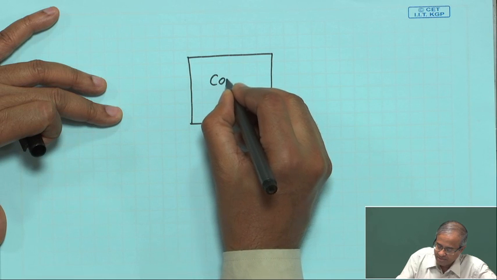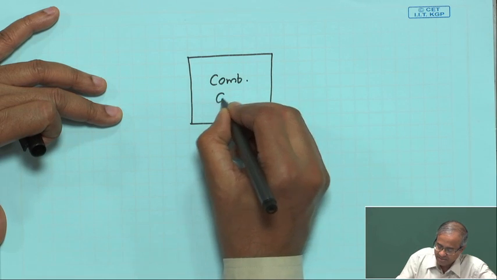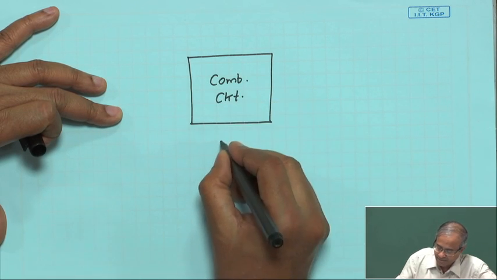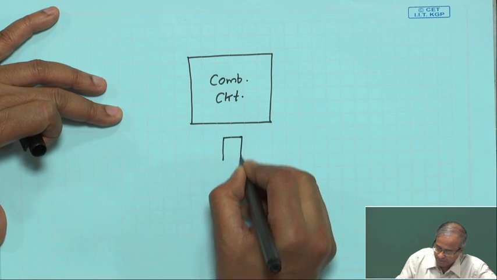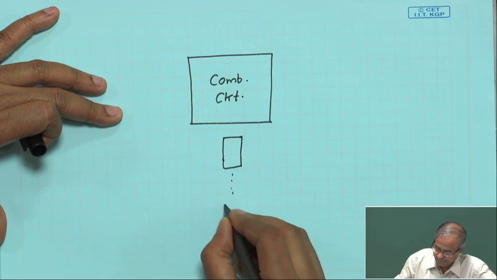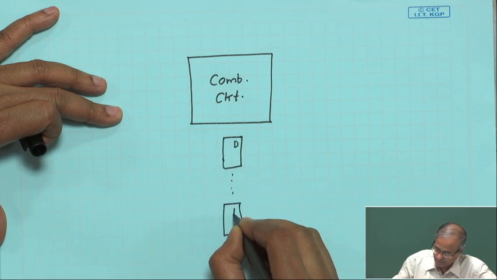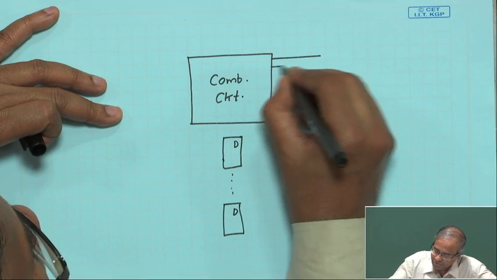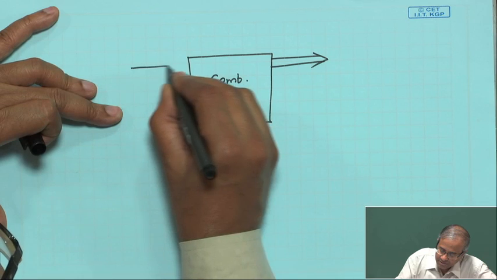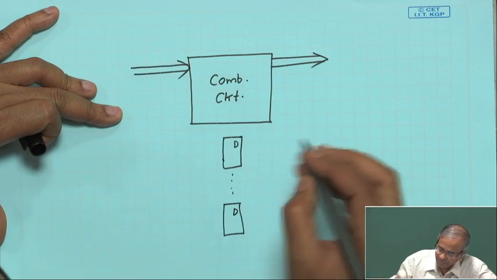I can model it as a combinational circuit part. There will be several flip flops. So there will be some lines which are primary outputs, some lines which are primary inputs coming from outside.